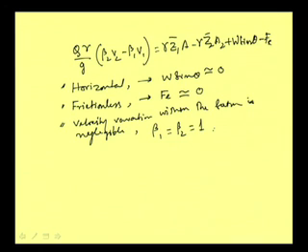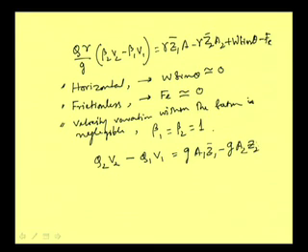So, our equation gets reduced to Q2 V2 minus Q1 V1. That means again we can divide it by gamma, and then we can get it in this form, and this is equal to g A1 Z1 bar minus g A2 Z2 bar.